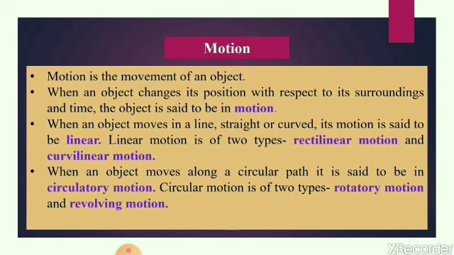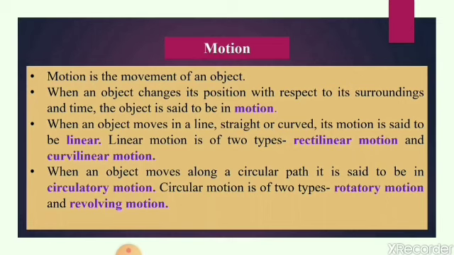Linear motion is of two types, rectilinear motion and curvilinear motion. If an object is moving in a straight line, it is rectilinear motion, and if it is moving on a curved line, it is curvilinear motion.